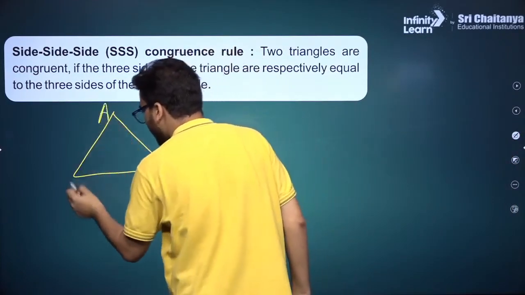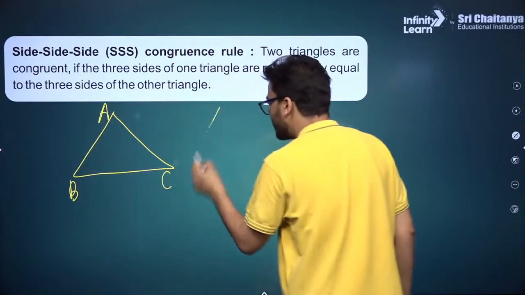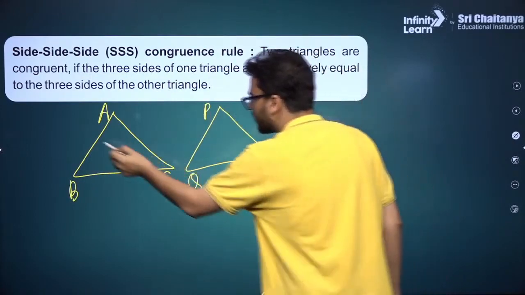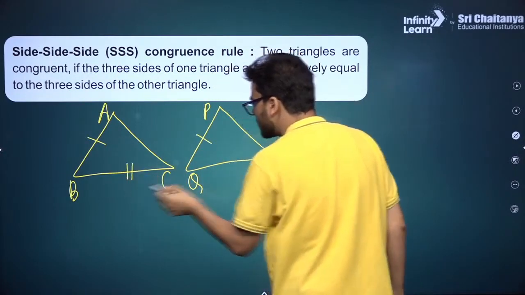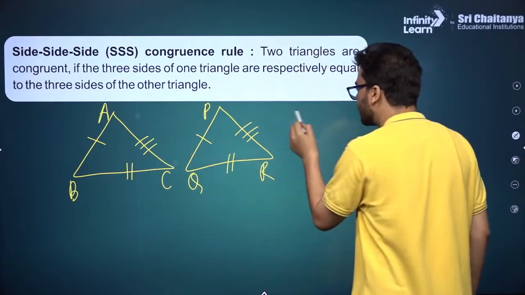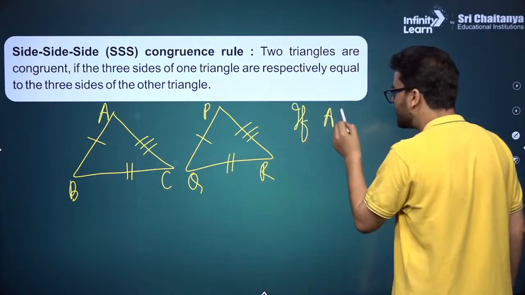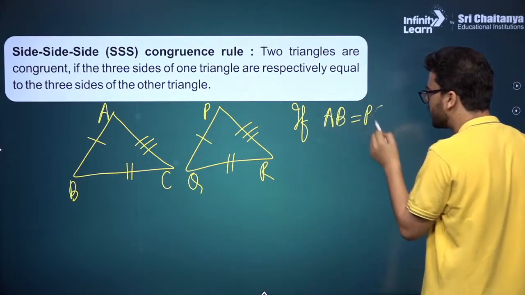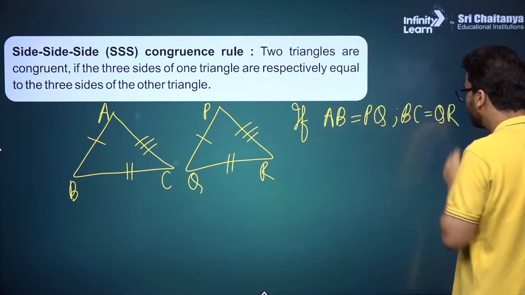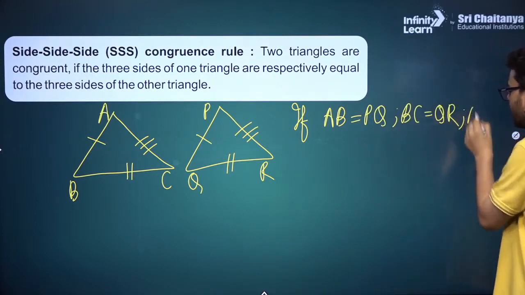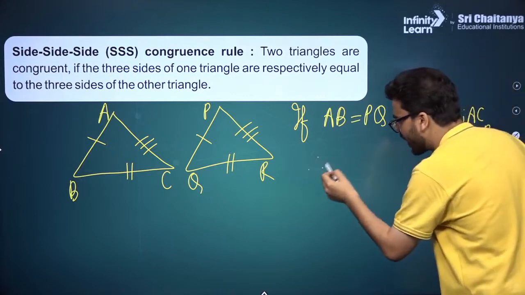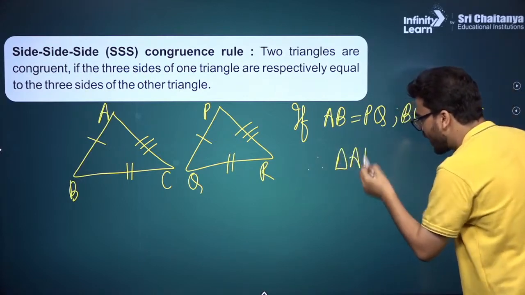So if I am writing over here ABC and over here PQR, if it is given that in these two triangles the corresponding sides are equal, AB is equal to PQ, BC is equal to QR, and AC is equal to PR, then the triangles are congruent. Triangle ABC is congruent to PQR.